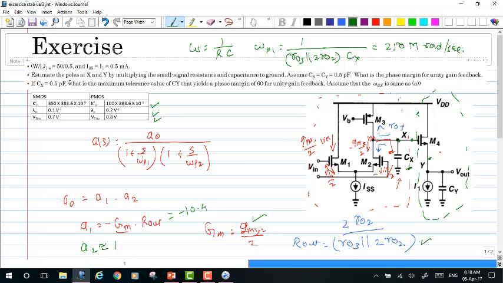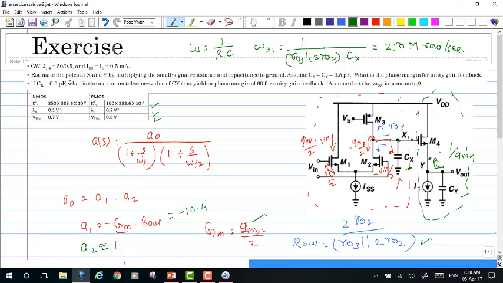Now how about the pole frequency created by the capacitance Cy? This could be written because the resistive component that we have across the node Y is basically the source impedance of our M4, right? So what is the impedance that we have when we look through the source of our M4? It is nothing but 1 upon GM4, okay? And the capacitance value is just Cy.